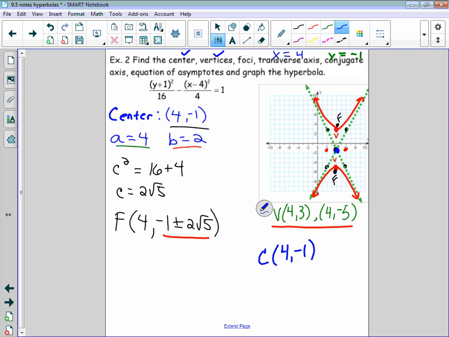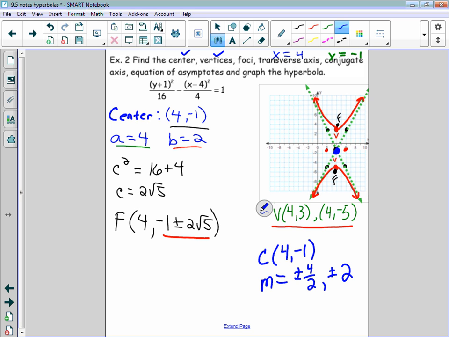Count run over rise again from the center. We would go up 4, right? And to the right 2. So 4 over 2 gives us 2. Okay. So the slope here would be plus or minus 4 over 2, which is plus or minus 2, correct?